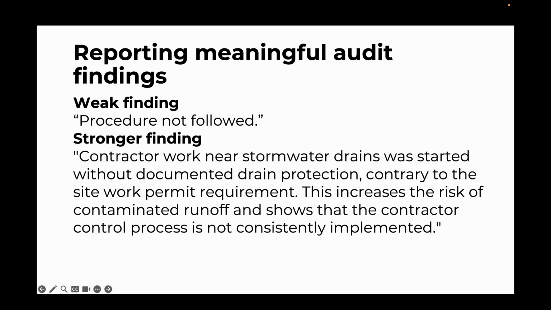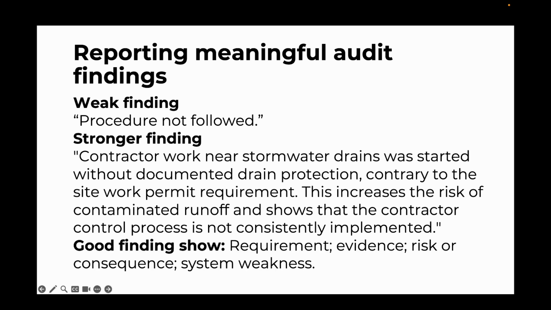Well, this increases the risk of contaminated runoff and shows that the contractor control process is not consistently implemented. So, this finding shows the requirement, it shows evidence, it shows risk or consequences, and it points to a system weakness. That is the kind of finding that helps BlueRiver improve.